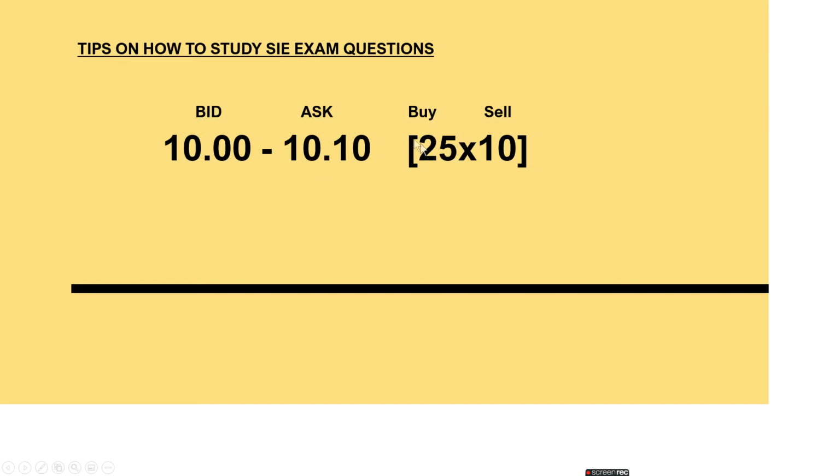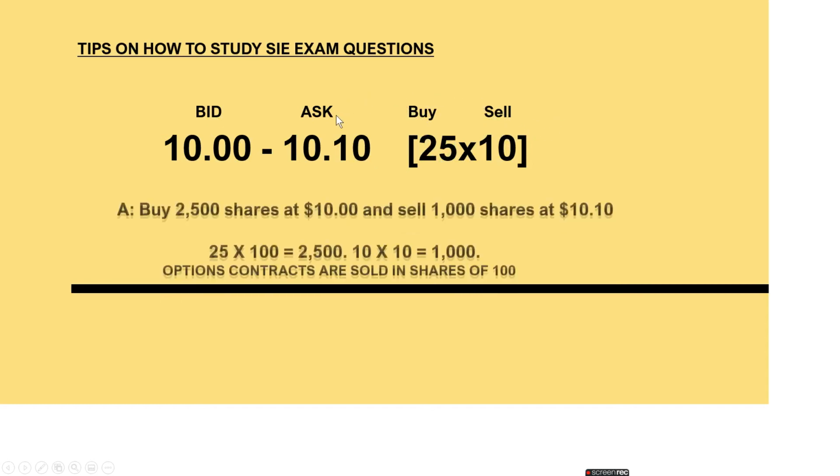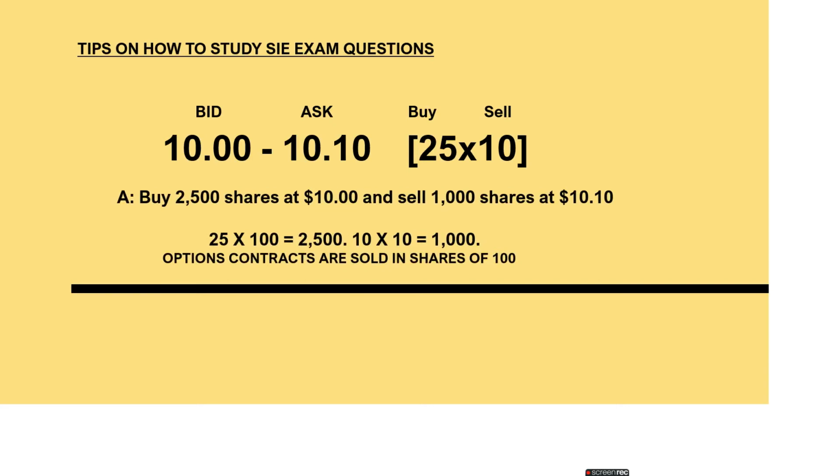And here in the brackets, now you're dealing with the quantities. The first is buy, the second is sell. The buy is associated with the bid price. The sell is associated with the ask price. And remember that options contracts are sold in shares of 100.